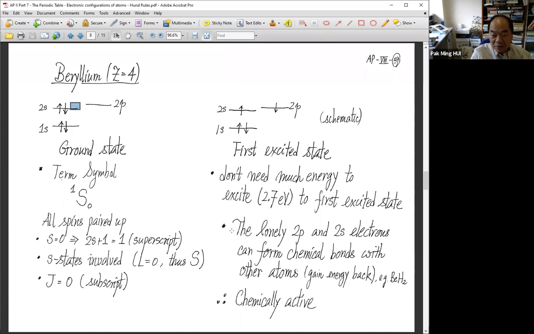So net energy gained. And that is the story. But the story is more complicated than that because that has to do with something called hybridization. In this particular case, it's the simplest thing called sp hybridization. You may have heard of sp3 hybridization, the 109-degree bonding stuff. And that is the more complicated version of this beryllium dihydride, BeH2.